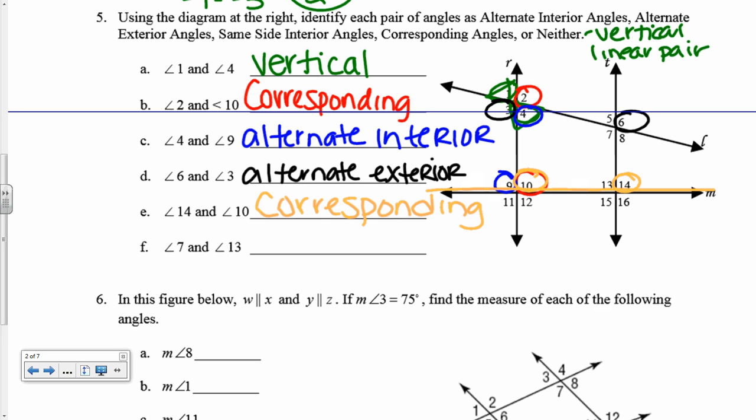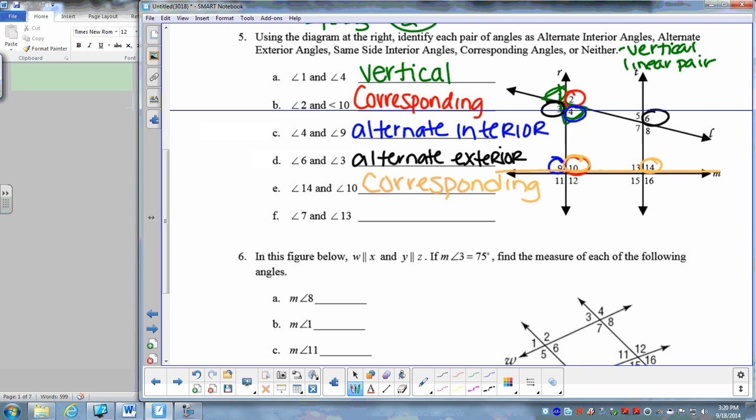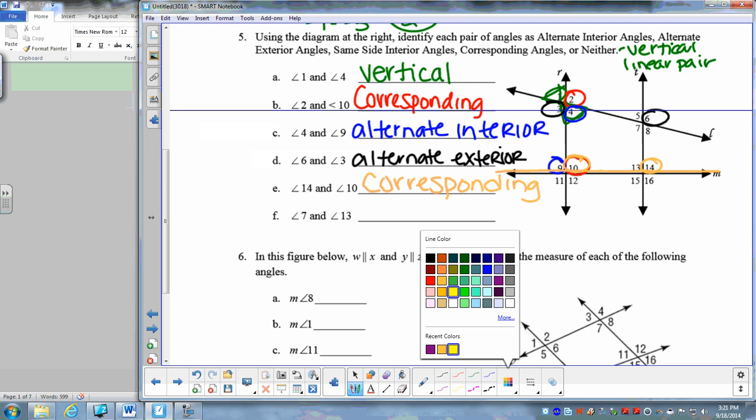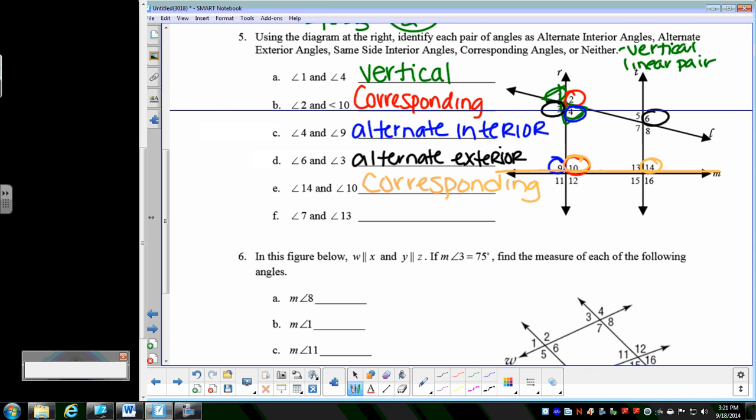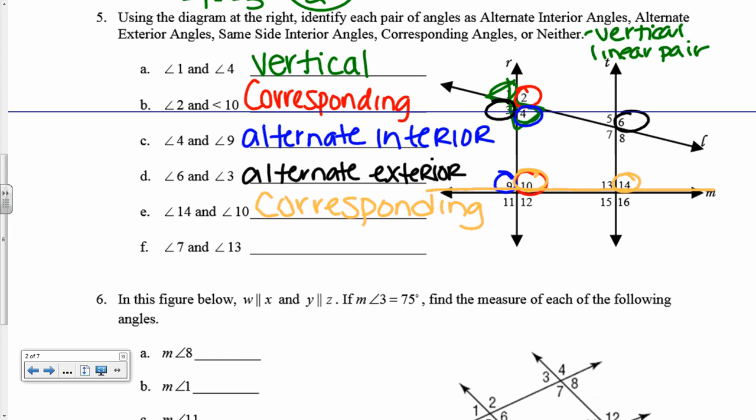And the last one, I'm going to change my color again to make sure we're all on the same track here. 7 and 13. Here's angle 7. Here's 13. Those are on the same side of our transversal, and they're both in between the lines.